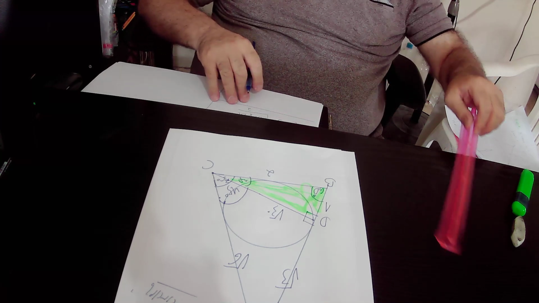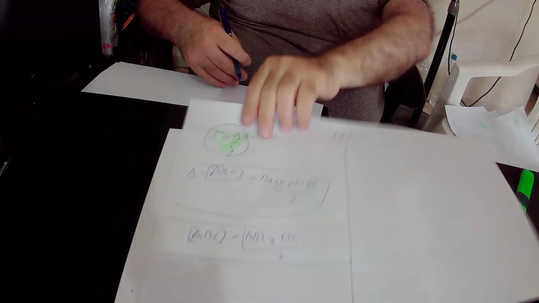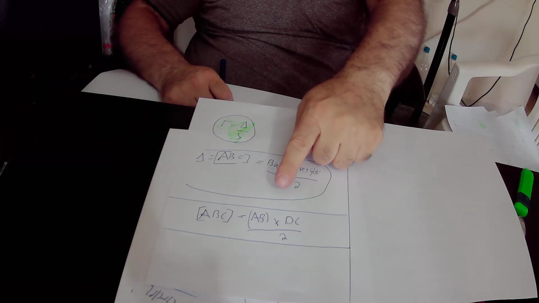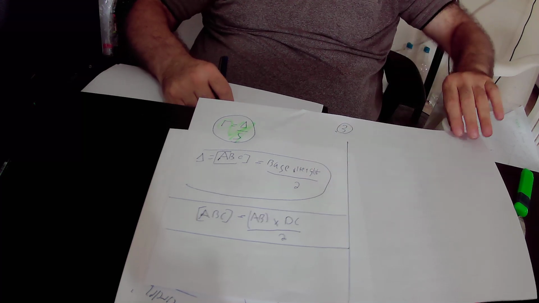I'll repeat again. The area of triangle ABC equals the base AB times the height to the base, which is DC, over 2.